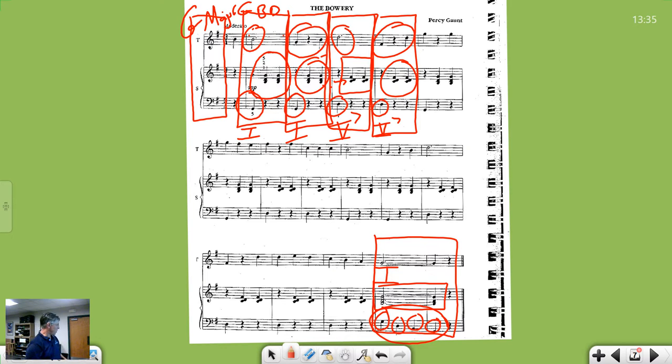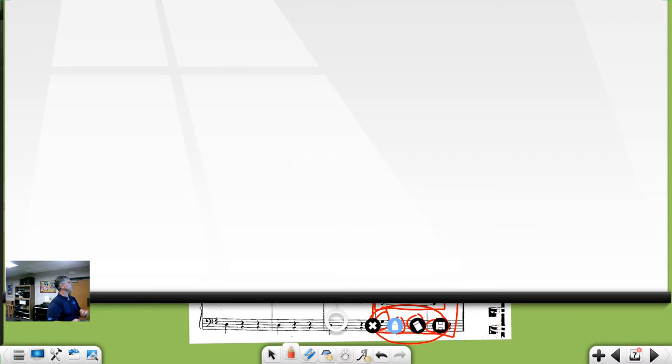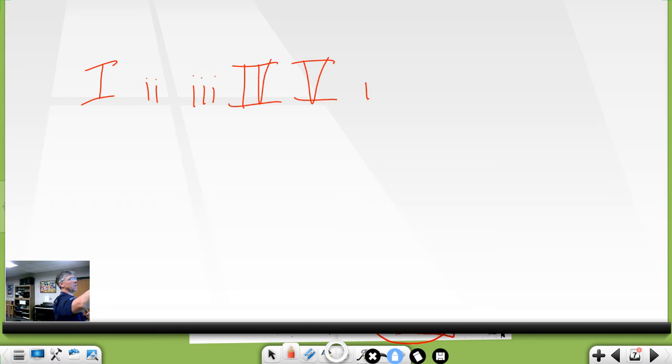Now just a little bit of a review so that everybody is on the same page. I want to remind you that we are looking at a 1 chord in a major key. The 1 is major, the 2 is minor, the 3 is minor, the 4 is major, 5 is major, 6 is minor, 7, everybody should know, is diminished, and then we get back to 1.